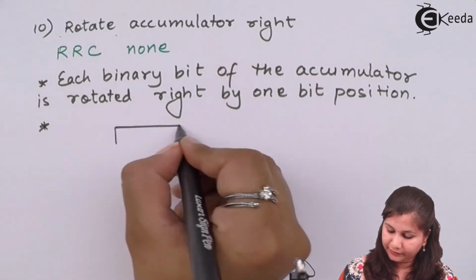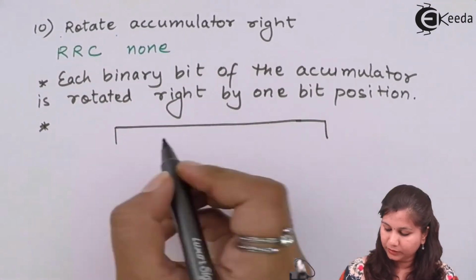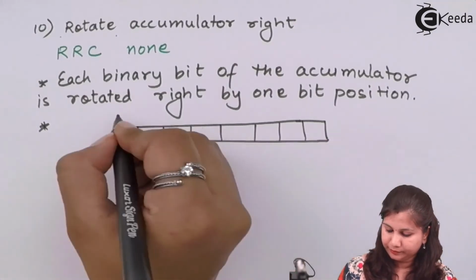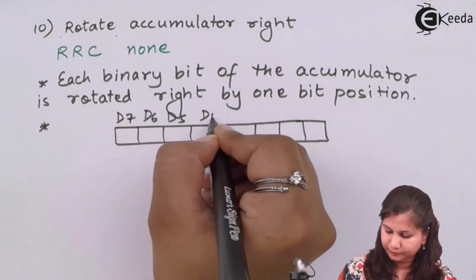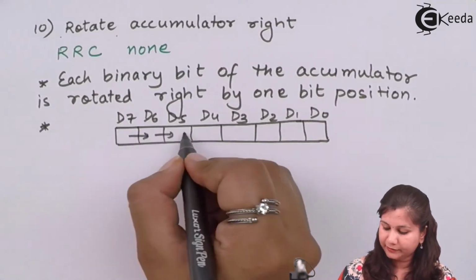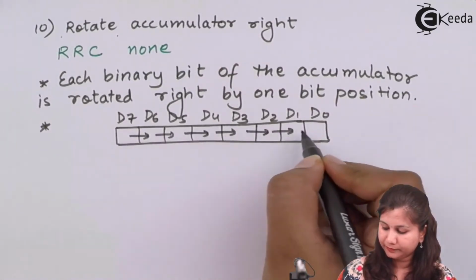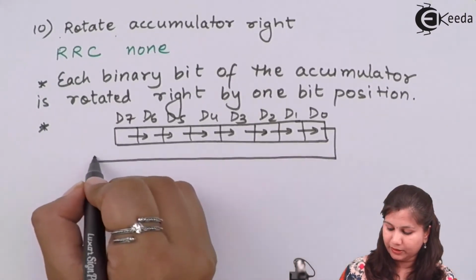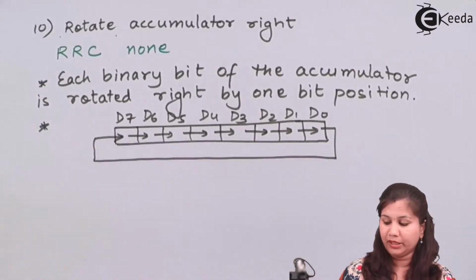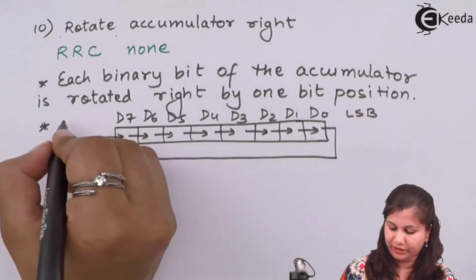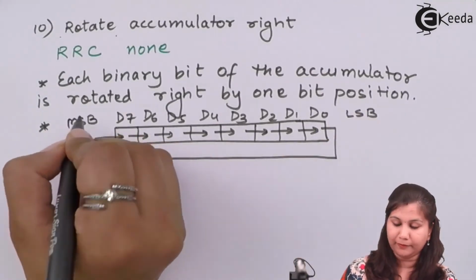So we have the 8-bit accumulator. And this D0 bit becomes the D7 bit. D0 is the least significant bit and D7 is the most significant bit.